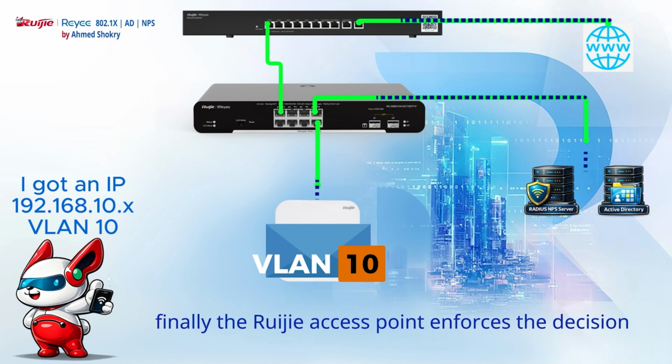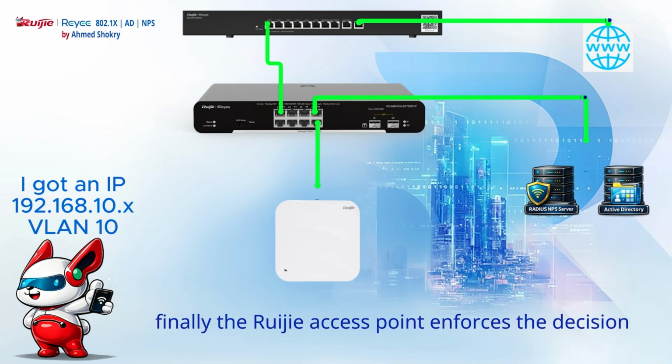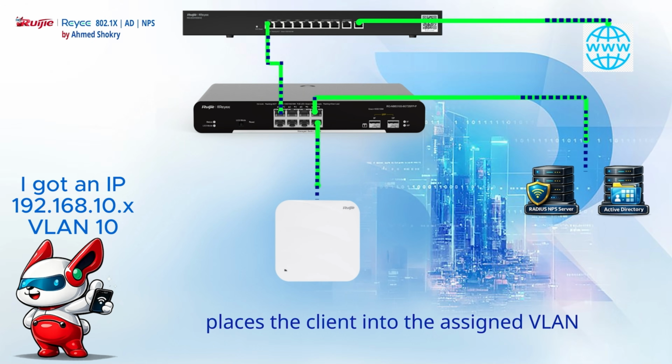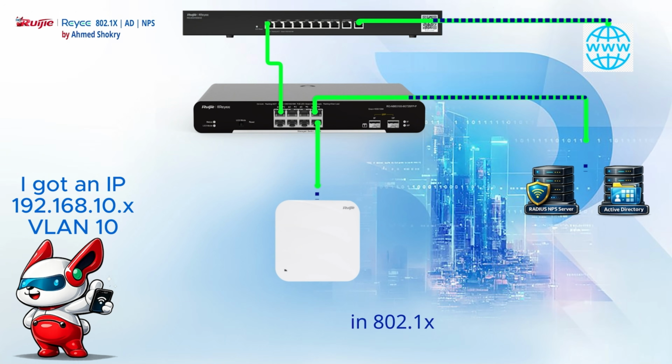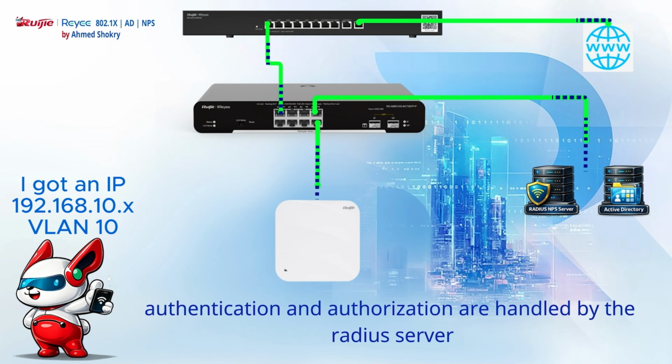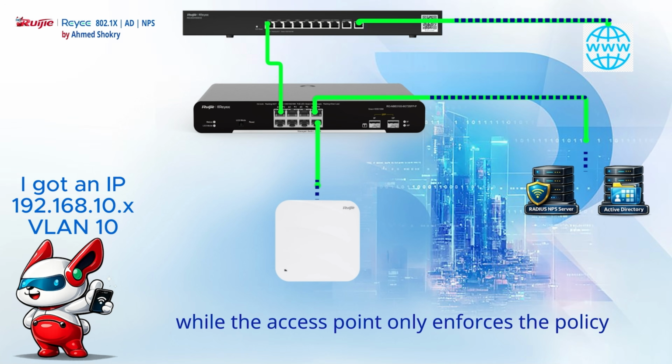Finally, the Reyee access point enforces the decision, places the client into the assigned VLAN, and allows the device to access the network and the internet. In 802.1X, authentication and authorization are handled by the Reyee server, while the access point only enforces the policy.